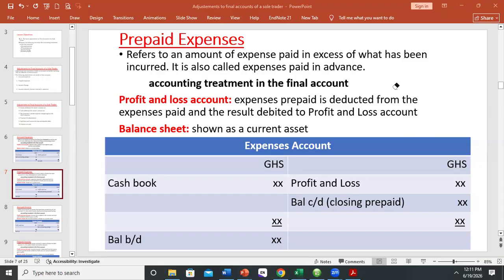So the question is, and again, let me use this school fees thing because then you appreciate that scenario. So if your fees for the term is 1,000 Ghana cedis, but you have actually paid 1,500. My question is, when you are preparing accounts for that term, how much will you put in your expenses as school fees expense?